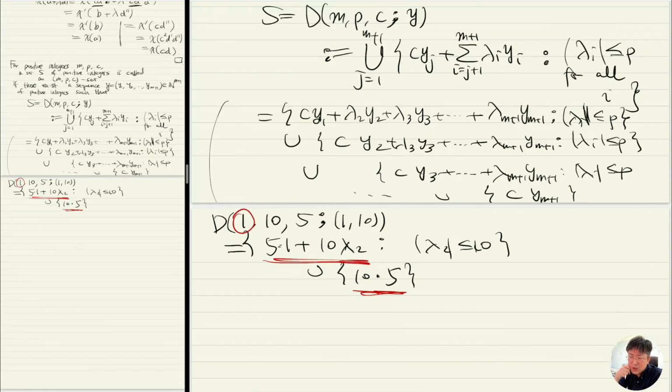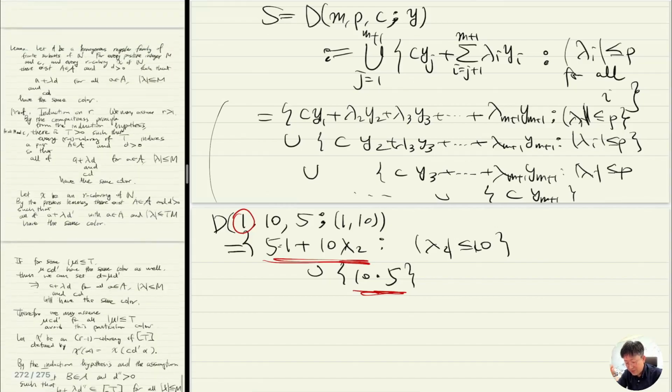But this was a consequence of van der Waerden's theorem, right? So you can find an arithmetic progression and c times this difference to also have the same color as that arithmetic progression.